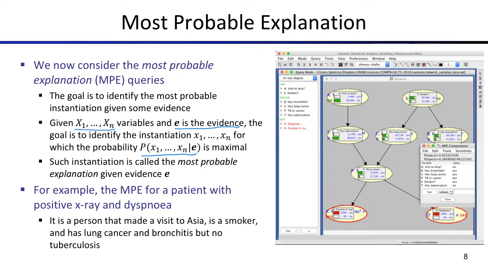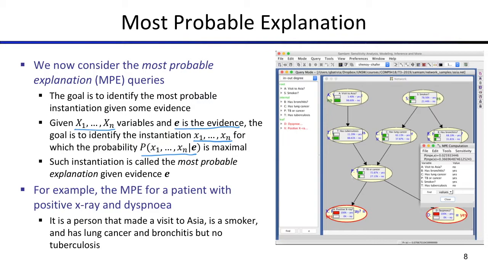But instead of being interested in the probability, I'm interested in the instantiation. So the answer will be the instantiation that has the maximum probability. We call that the most probable explanation given evidence E.